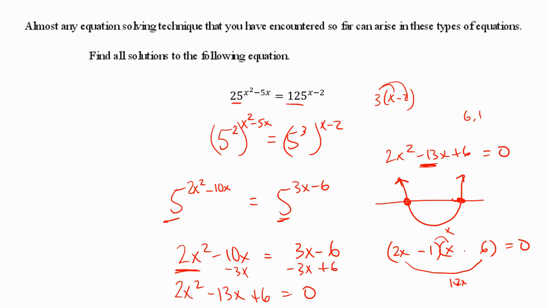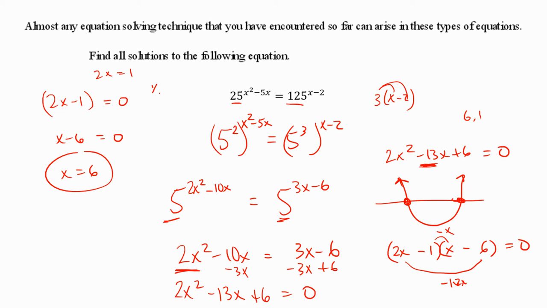But I need this to be negative and negative so that I get negative 13 and positive 6. So now that I have the correct factors, I can set them equal to 0 and solve for x. So I get x equals 6 right here, or 2x equals 1, so x equals 1/2. There's actually two possibilities on this challenging question.